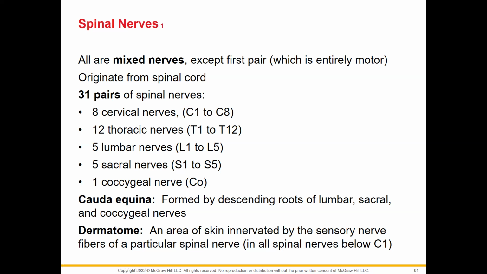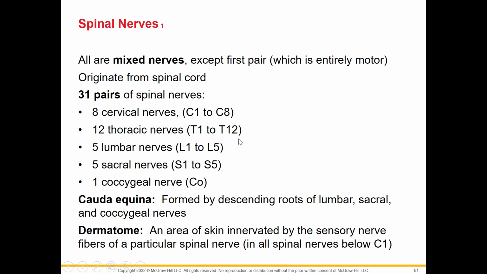So C1 has one nerve coming out from underneath it. C2 has a nerve coming from underneath it. C3 through 7 have a nerve coming underneath it. But there's also a nerve that comes above the C1. So it comes out between the skull and C1. That gives you 8 cervical nerves.